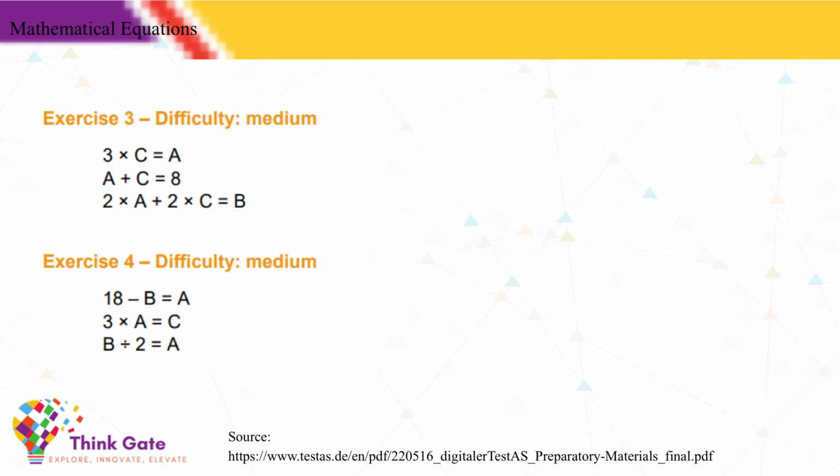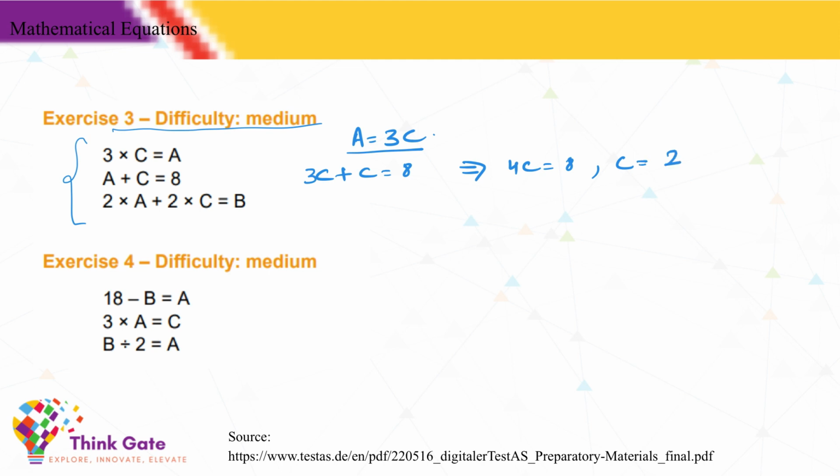Well, let's discuss this exercise. Here we are given three equations and there will be three variables. From the first equation, we extract that a is equal to 3c, and we put this information in the second equation, so it becomes 3c plus c is equal to 8. It becomes 4c is equal to 8, and the value for c will be 8 by 4, which is 2.